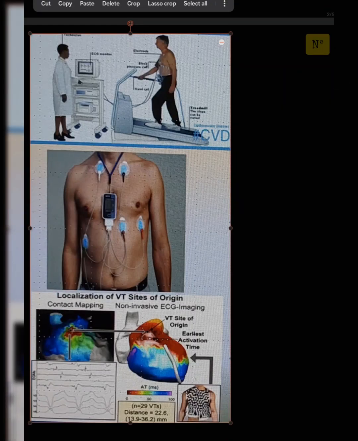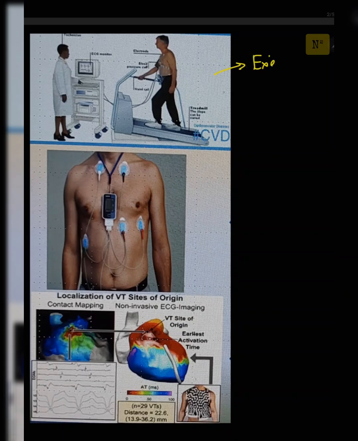So we have nowadays 3 different variants of ECG available. Usually this picture that is showing here in front of you is called your exercise ECG, in which we give stressful activities, or we record the ECG while doing some activities.